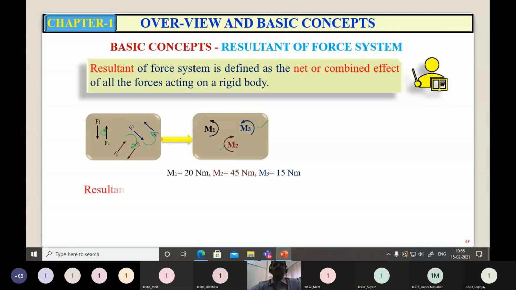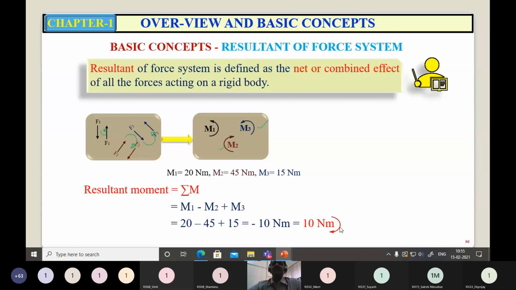Am I right? So to find the resultant moment, simply you have to take the algebraic sum of all these three moments. So it is plus M1, it is anti-clockwise, minus M2, M2 is clockwise, plus M3, M3 is anti-clockwise again, and putting the values, you have minus 10 Newton meter. Minus means it is clockwise. So the resultant moment of this system is 10 Newton meter clockwise.